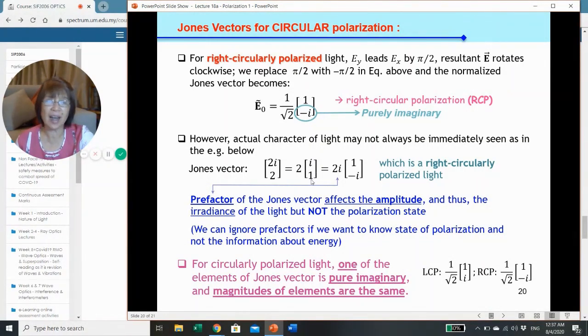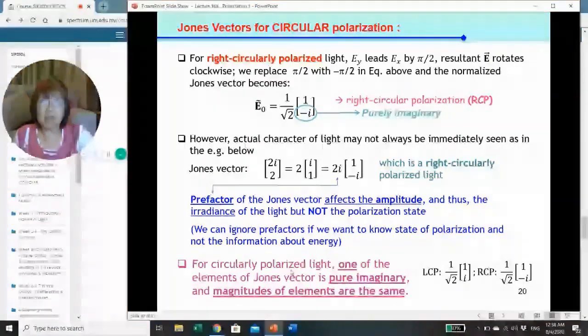We need to get i to the bottom, so we divide by i, that's 1. That means we take out the i here. The prefactor will just affect the amplitude, in other words the irradiance, but not the state of polarization. The state of polarization is specified only by what's in the bracket here. And this term will have a negative i, so this tells us it's right circularly polarized light.